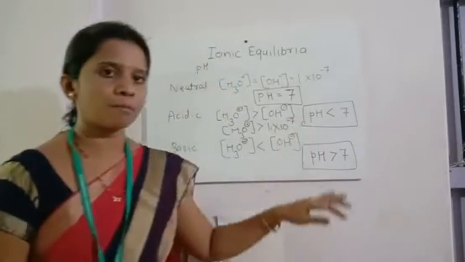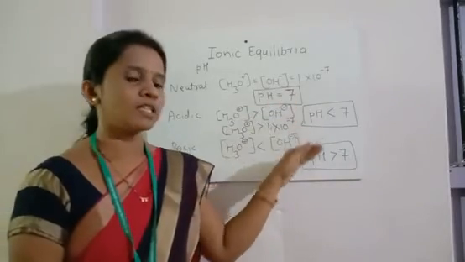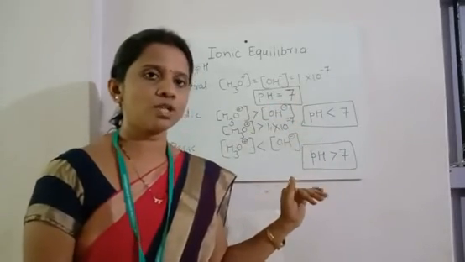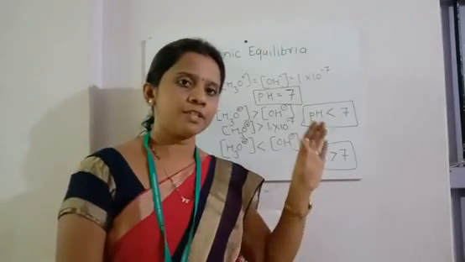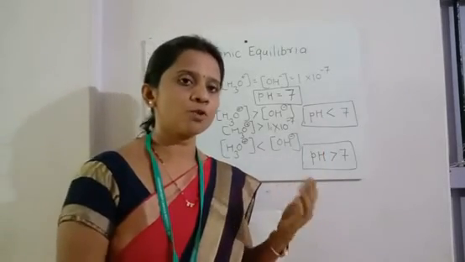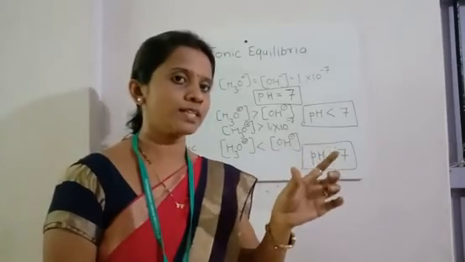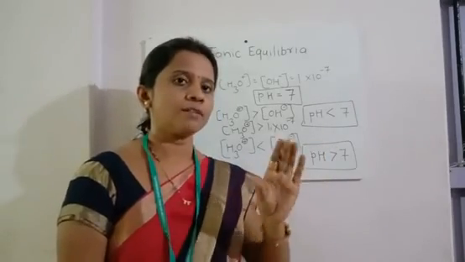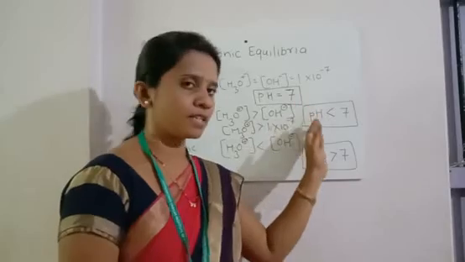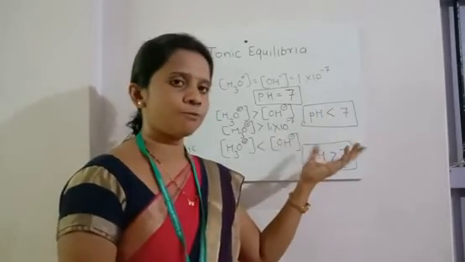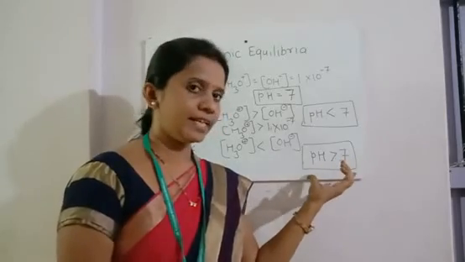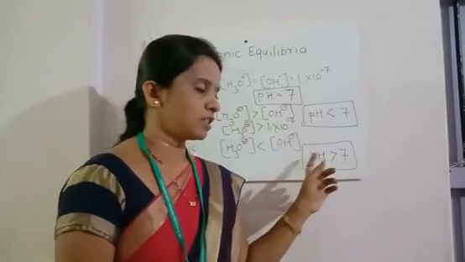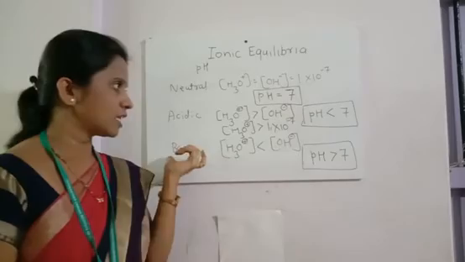Always remember this, and we can find this pH with the help of a pH scale, where different colors are given, and from those colors we check the pH value and determine the nature. Suppose the pH value is 8, that means the solution is basic in nature.